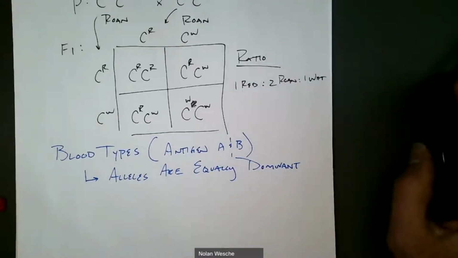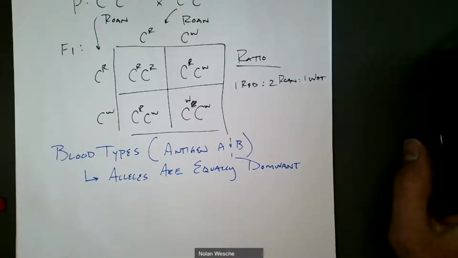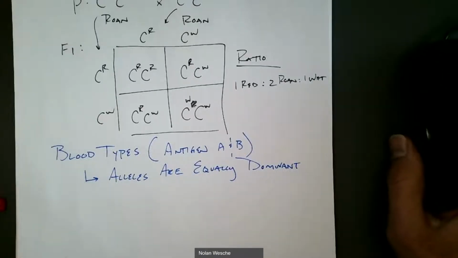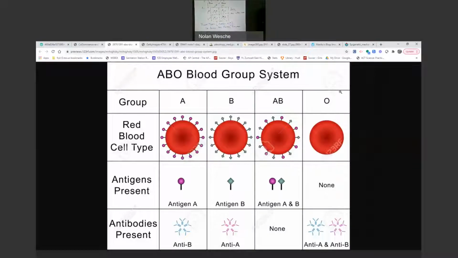Share my screen again. So here we go. Now we're looking at this ABO blood group system, and we can see these A antigens on the red blood cells that are type A variety. And what those are, they're just carbohydrate extensions from the red blood cell. Here we have the B antigen on the type B. So we have an allele for type A and type B, and they are codominant with one another. If they're both present, if you have a chromosome with type A and a chromosome with type B in the same individual, then you have type AB blood, and they are equally expressed. So the red blood cells have both variety A and B.